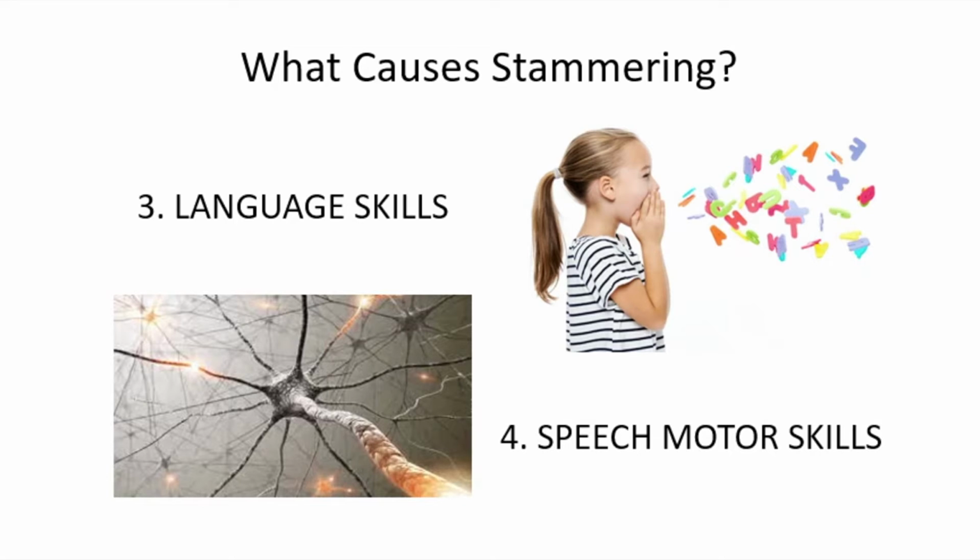So if they're speaking quickly, that's just putting a bit too much load on that system, and that might lead to them stammering. So kind of the higher the demand on the speech motor system, the more likely a child is to stammer. So if they're being hurried, or if they're really excited and they're trying to tell you something quickly, that sort of thing, that can make them more likely to stammer.